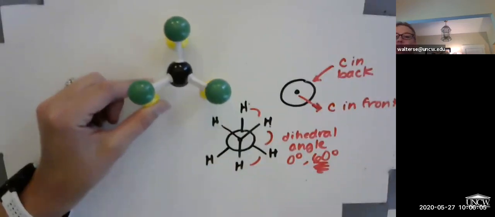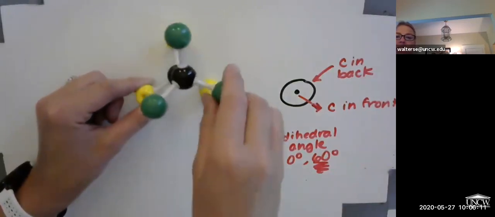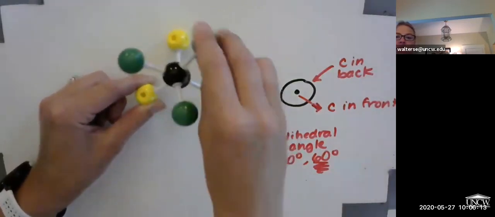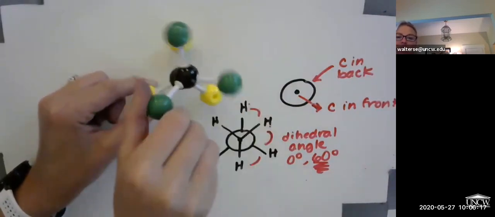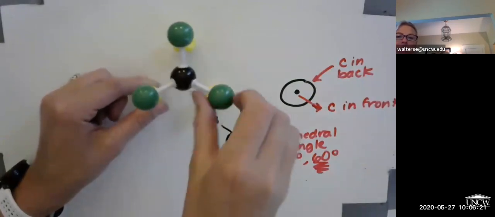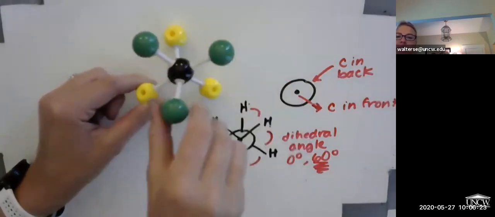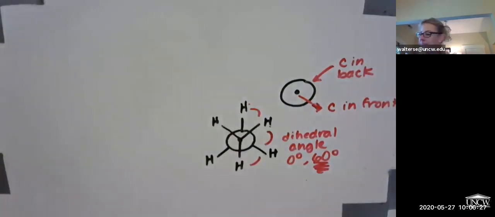So that's a dihedral angle of 0. Rotate to 60, rotate to 0. 60, 0. They're staggered or they line up. Stagger, line up.